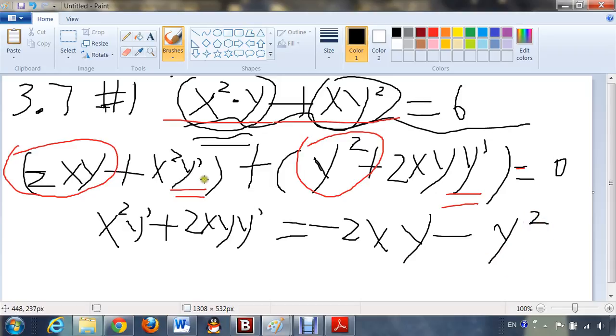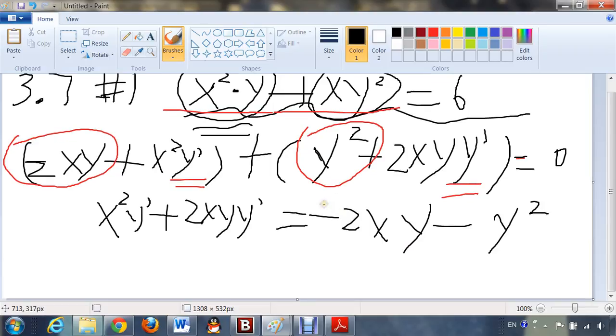Okay, now I ran out of space. Okay, we can do this. Let's look at here. Since y prime is still on the left side of the equation, and we want to isolate y prime from everything else, we have to find a way to do that. If you are seeing what I'm seeing, both of the terms have a y prime here, which means we can factor out the y prime from these two terms.